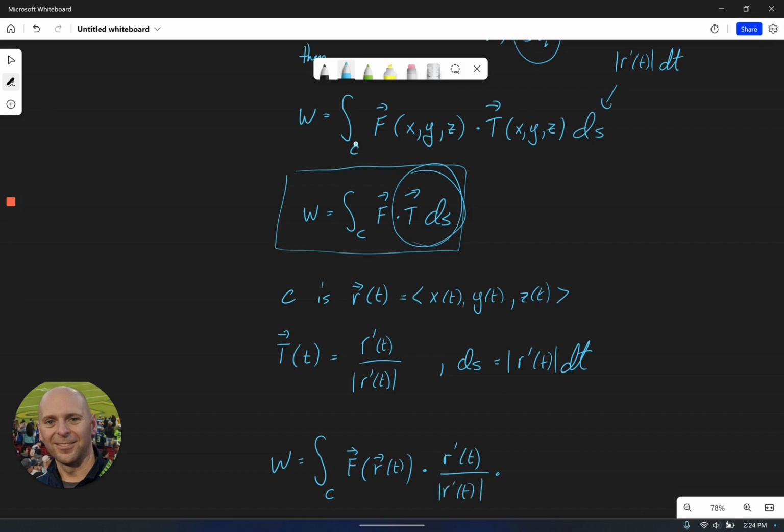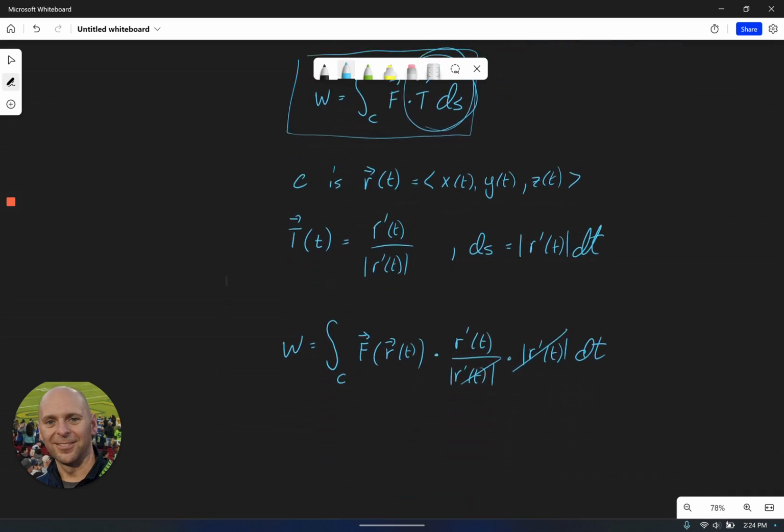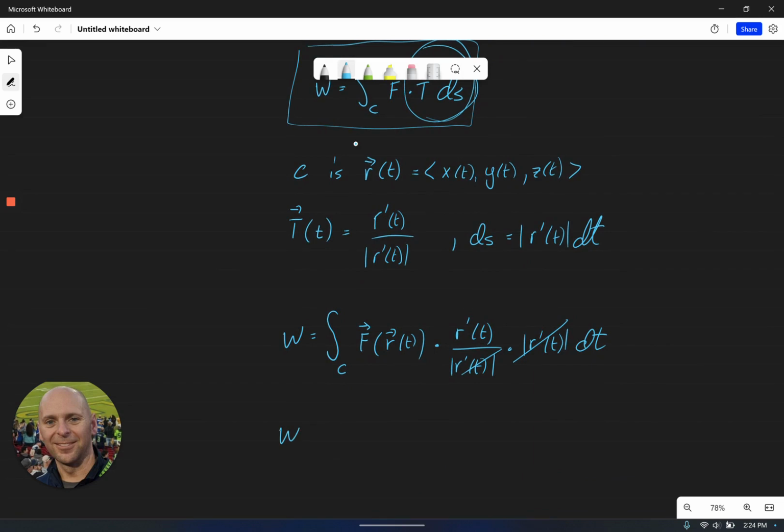And now we take ds, which is the magnitude of r prime of t dt. And we get some good stuff that happens. r prime of t over the magnitude of r prime of t cancels. And so we end up with the following. Work being the integral over the curve C of F of r of t times r prime of t dt.